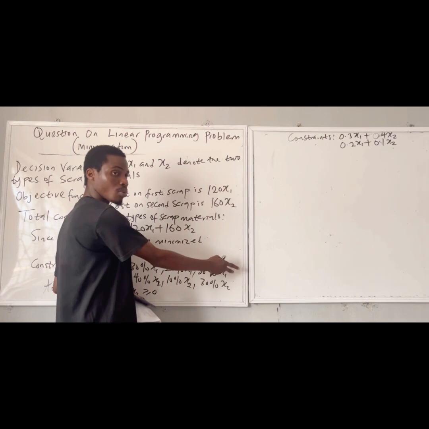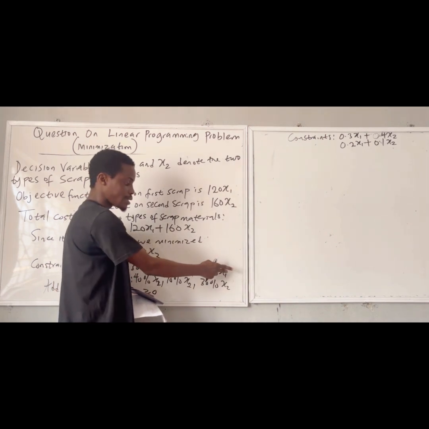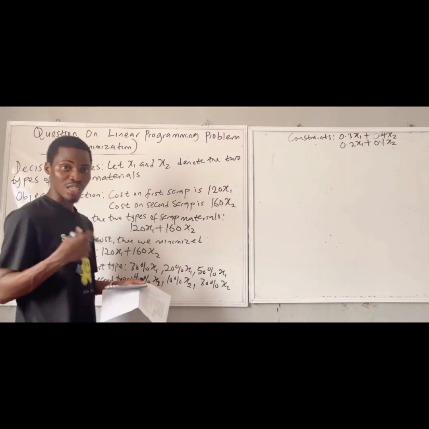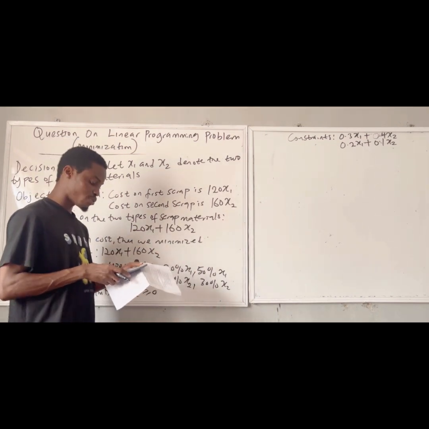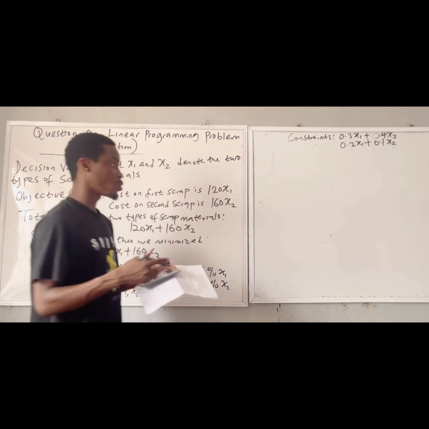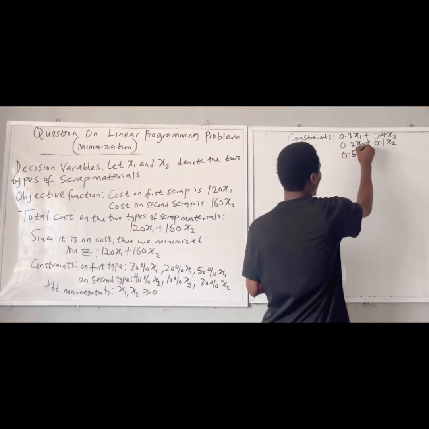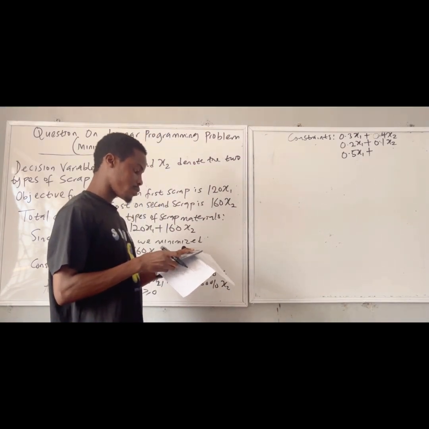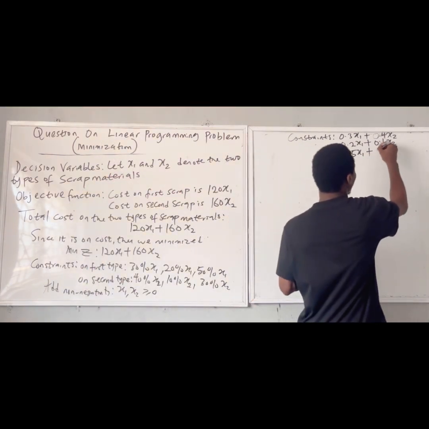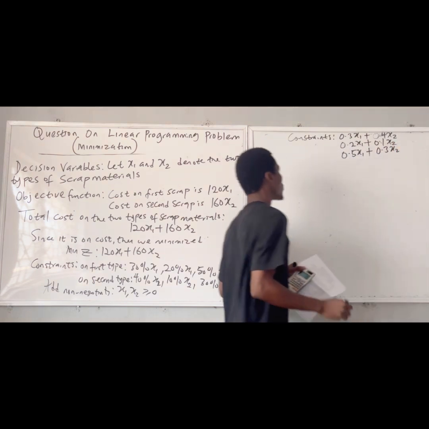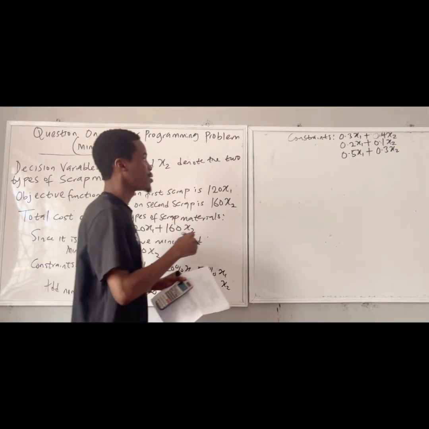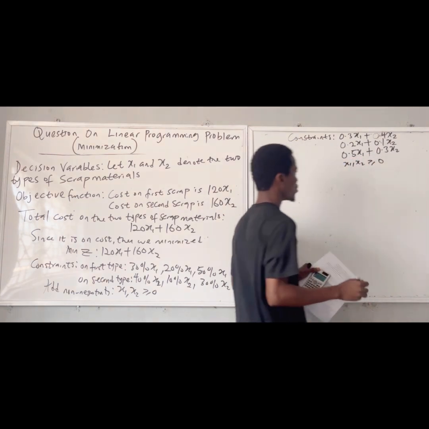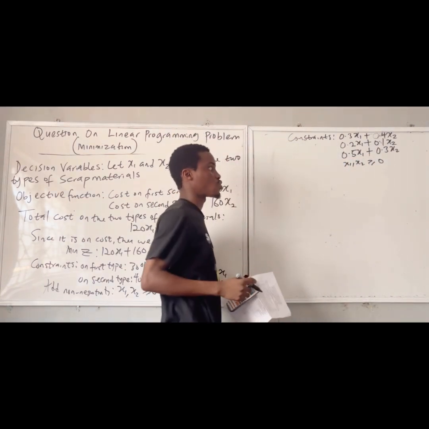On my Z, for the first and second type, S1 and S2, I convert 50% to 50 divided by 100, which is 0.5 S1, as well as 30 divided by 100, which is 0.3 S2. So these are my constraints, and S1, S2 are greater than or equal to 0. These are my constraints and my non-negativity constraints.